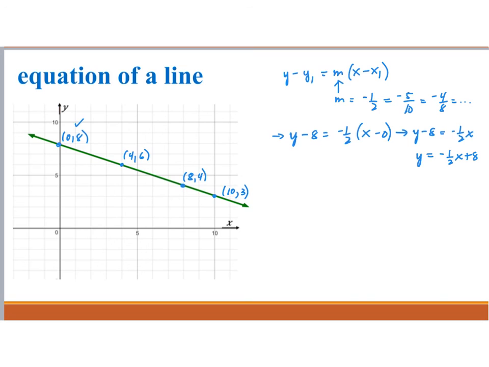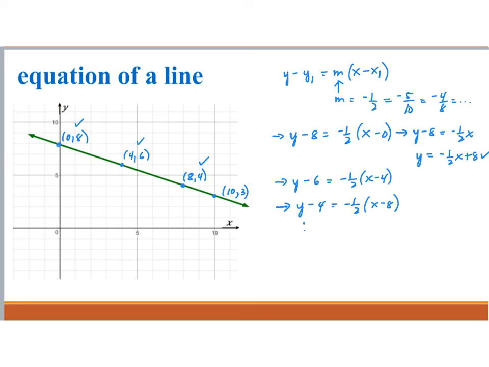And if we use this point, the equation would be y minus 6 is equal to negative 1/2 times x minus 4. Again, if you simplify this, you will come up with the same equation. And if we use this, the equation will be y minus 4 is equal to negative 1/2 times x minus 8.